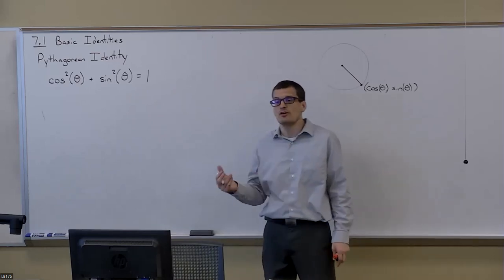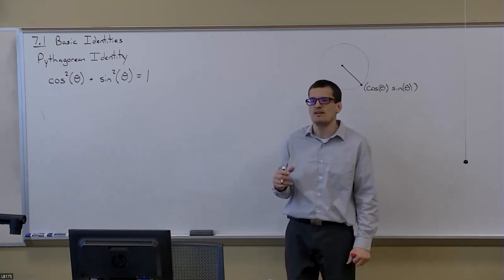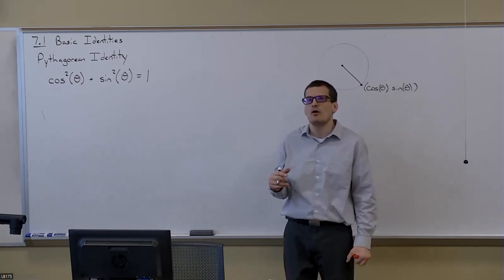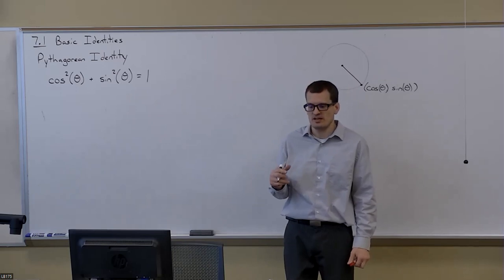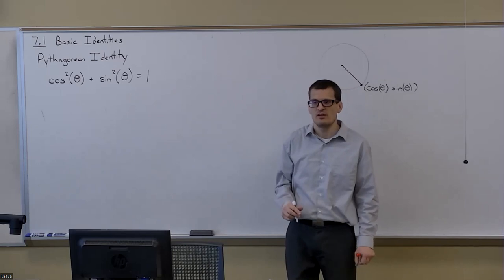Now, 2 other Pythagorean identities happen because of our basic identities thrown into this one.